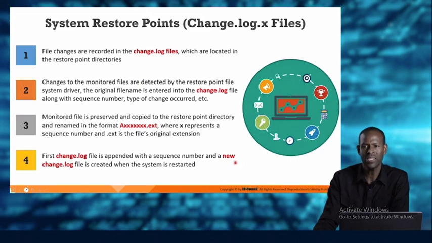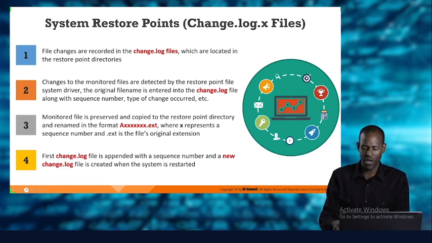And the original file name is entered into that change.log along with sequence number, type information, etc. So this file is monitored, it's preserved, it's copied to the restore point directory and renamed to a kind of random series, .ext, where these X's are the sequence number, and ext is the original file extension. So that change.log file is appended with a sequence number, and a new change.log file is created when the system is restarted. So that's another area to investigate when we're dealing with investigating restore points.